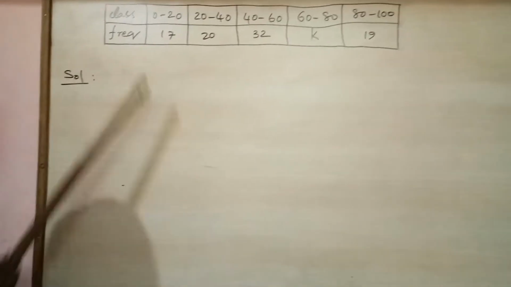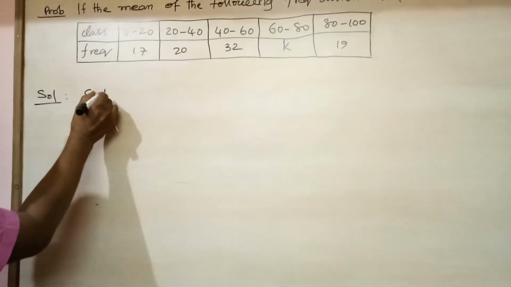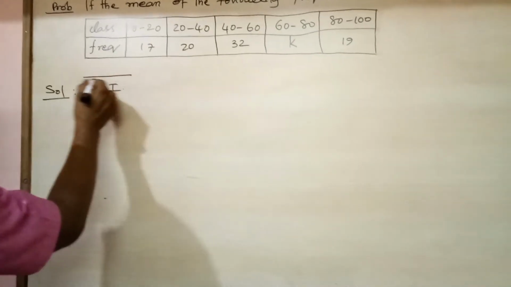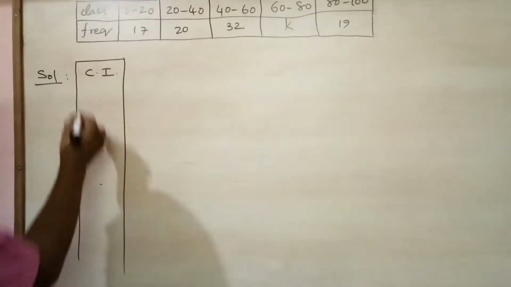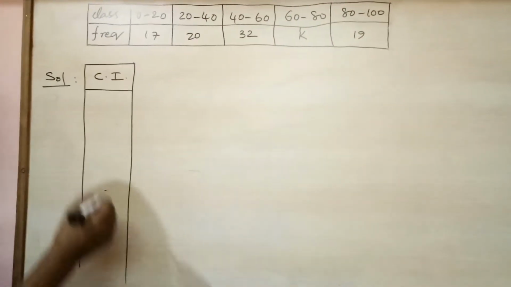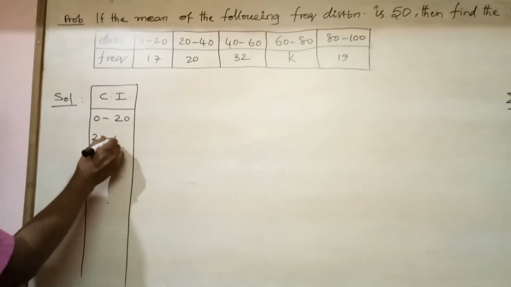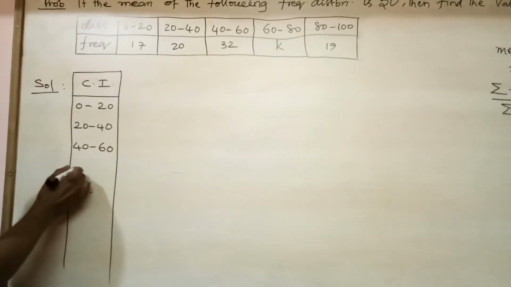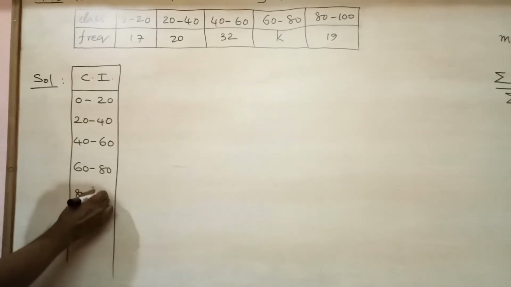In this table, the first row represents the class interval. The class intervals given are 0 to 20, 20 to 40, 40 to 60, 60 to 80, 80 to 100.